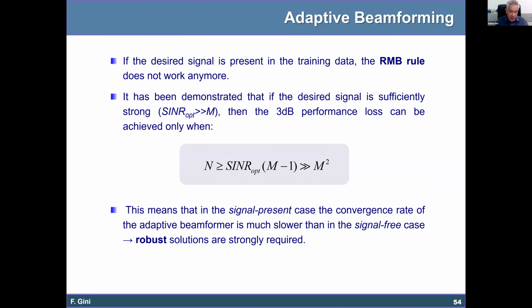So the presence of the signal in the data makes the convergence much slower. And so in this case, we need to introduce some robustness in our adaptive algorithm.